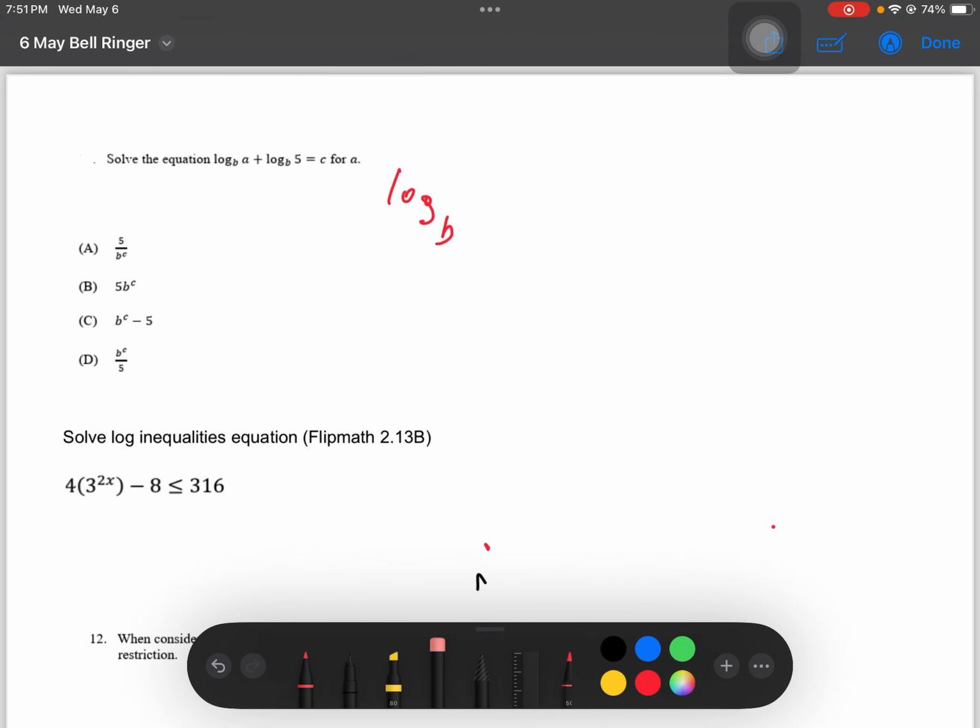So when I condense this, it's 5 times a, so I get 5a equals c.